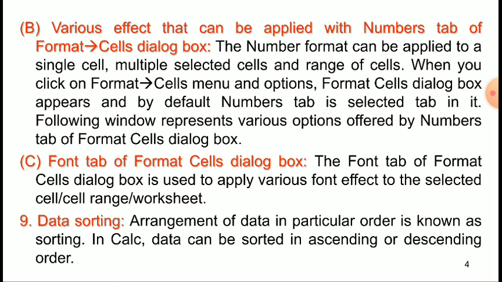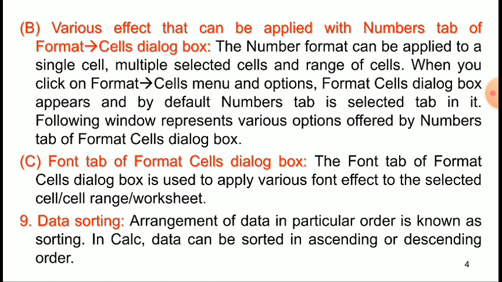When you click on the Format menu and then Cells, the Format Cells dialog box appears, and by default the Numbers tab is selected. The following window represents various options offered by the Numbers tab of the Format Cells dialog box.